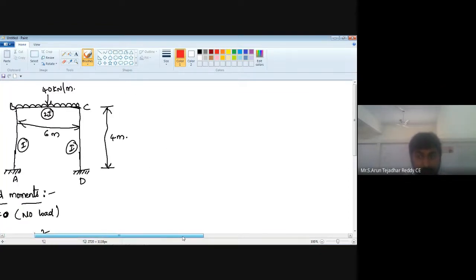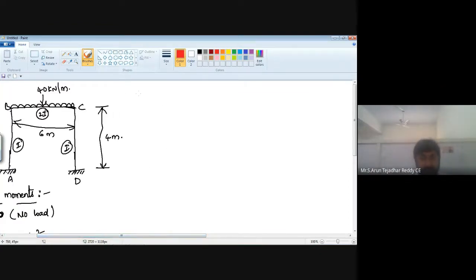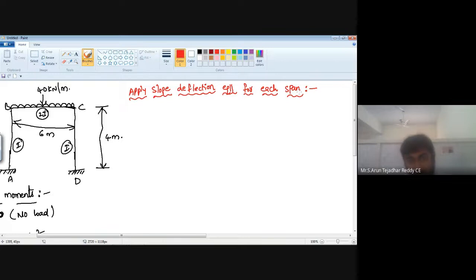And what is our second step? Second step is to apply the slope deflection equation for each span. See, already you know the formula here.